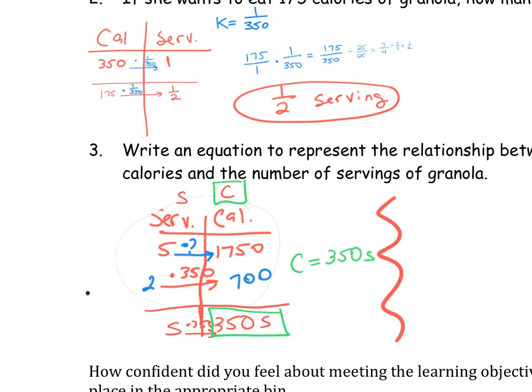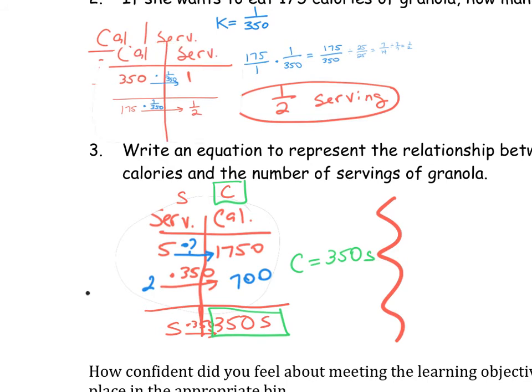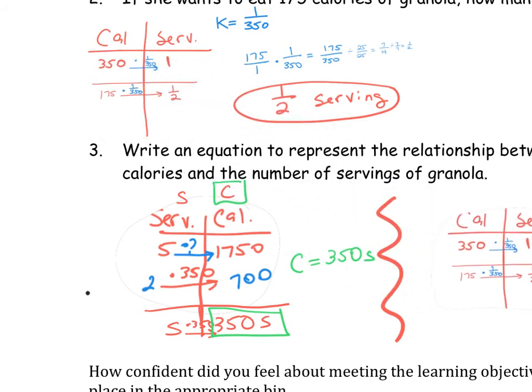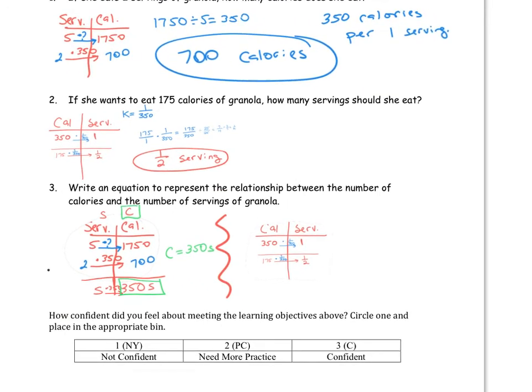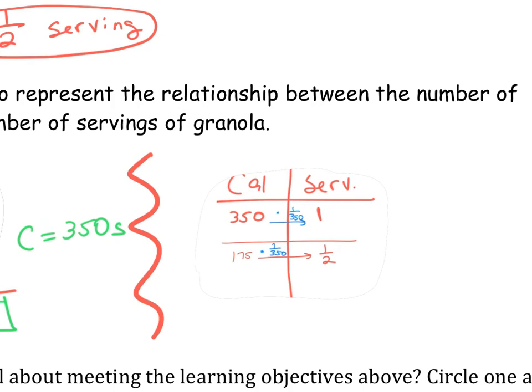Now, if I look at the second table, I'm going to copy and paste that down here as well. I can label calories C again and servings as S. And if I were to continue and label this C here, I would have to multiply by 1 over 350.